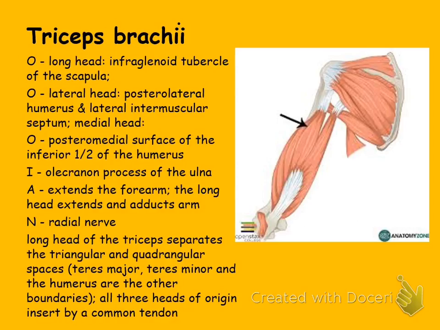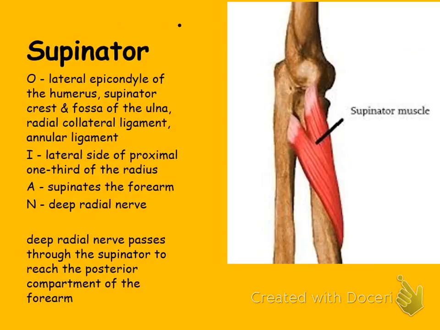The other muscle is an antagonist that moves it backwards. So we have the three heads, and it inserts on the olecranon process of the ulna. Very powerful in push-ups. Those types of exercises make your triceps huge.